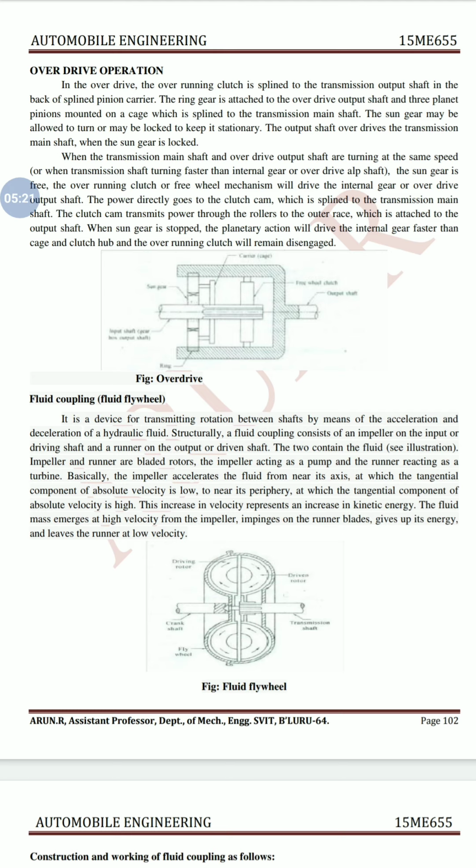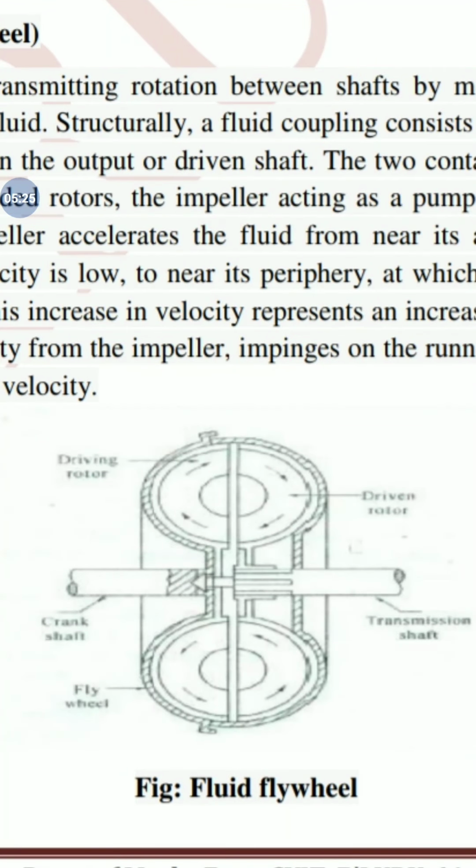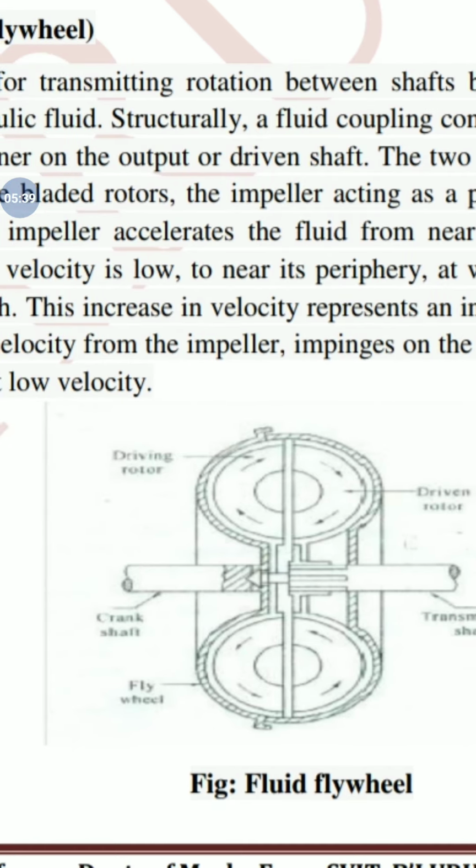In the figure you can observe a driving rotor on the top left side and a driven rotor on the right side. In between we have the crankshaft, and on the right side the transmission shaft. When the driving member rotates, the fluid enters tangentially into the driven rotor.